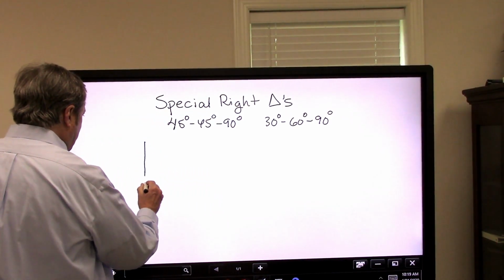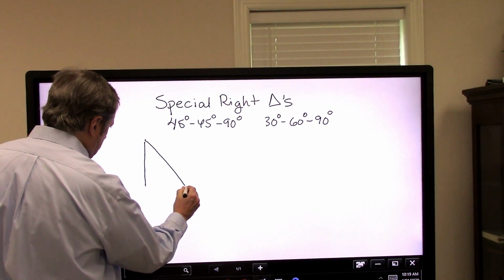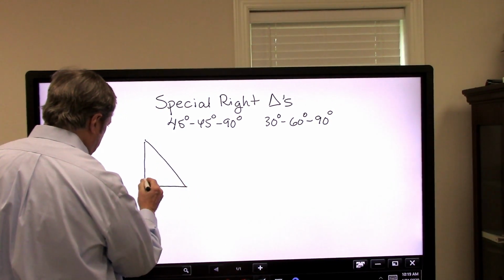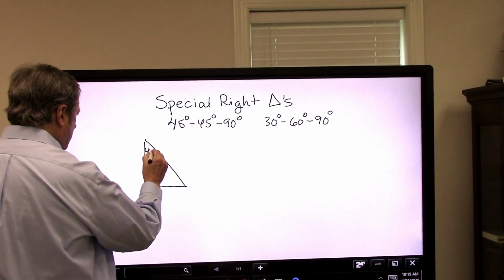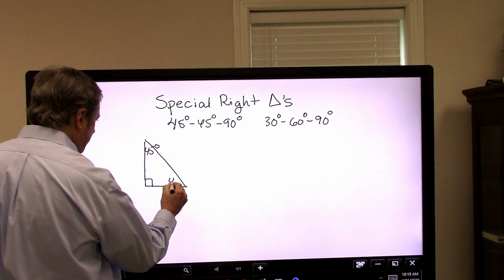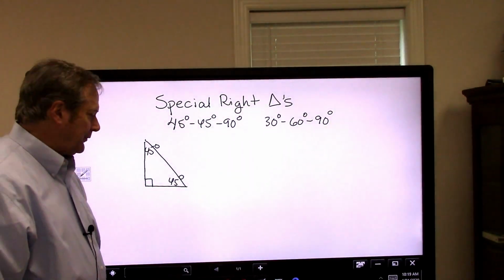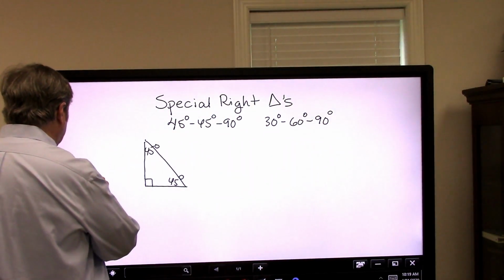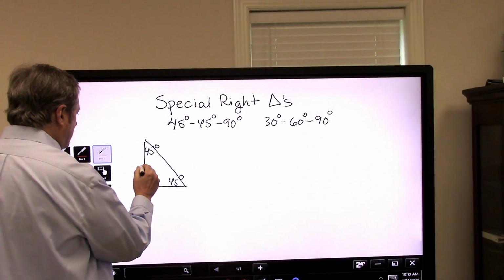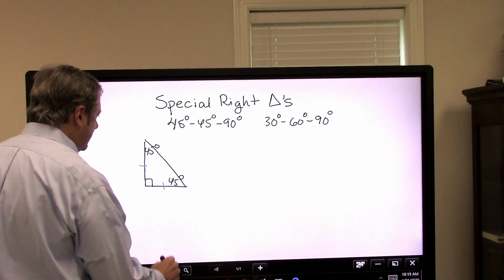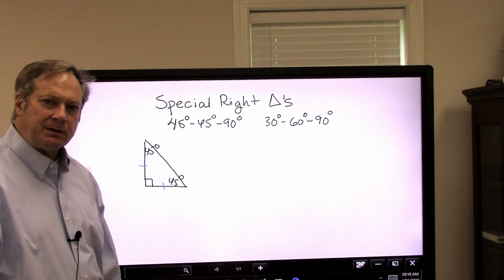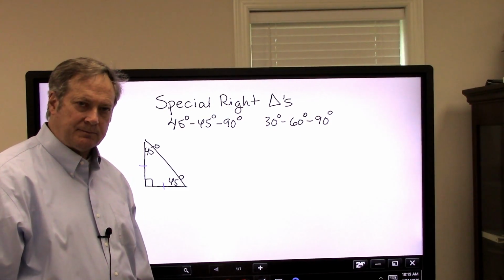All right, the 45, 45, 90 triangle looks like that. It's an isosceles triangle, which means that the two legs are always going to be congruent.